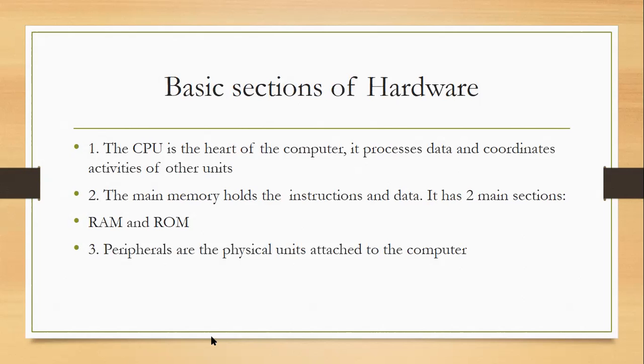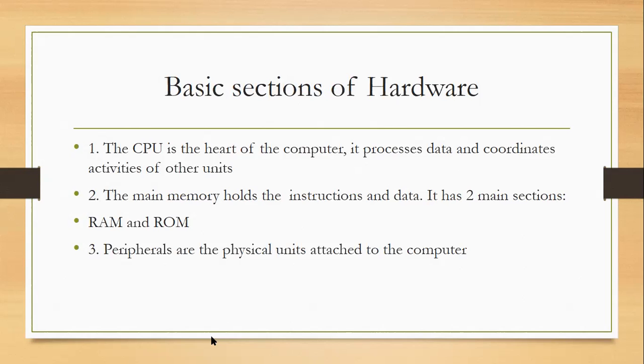The next one is the main memory, which is situated inside of the CPU, and it holds the instructions and data. The main memory consists of 2 sections, RAM and ROM.